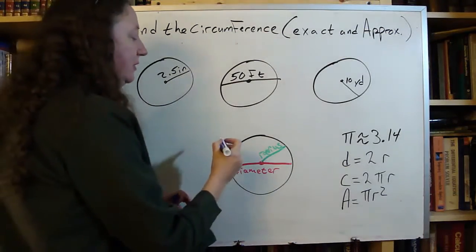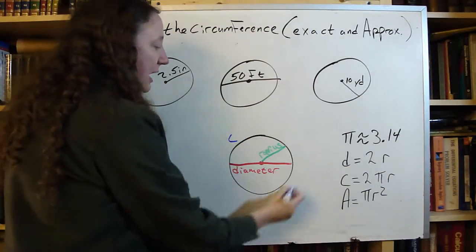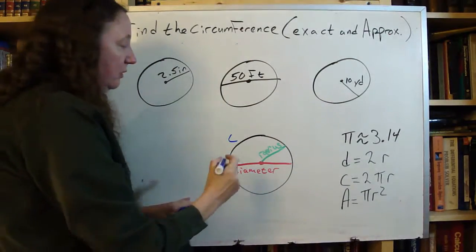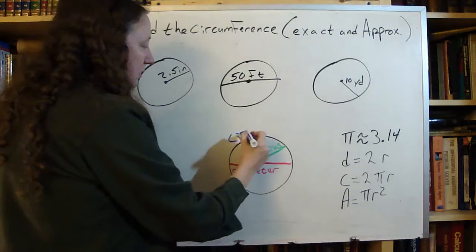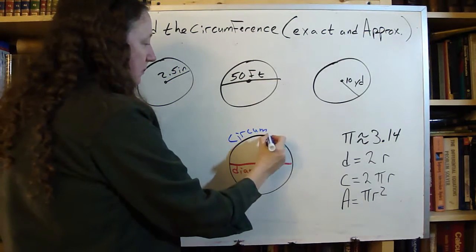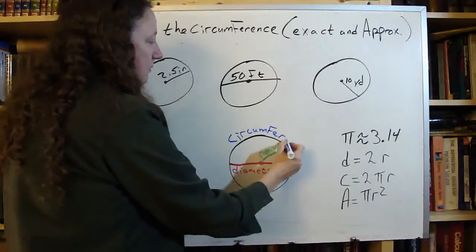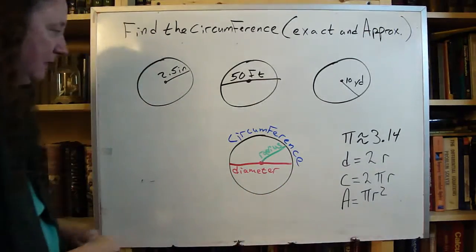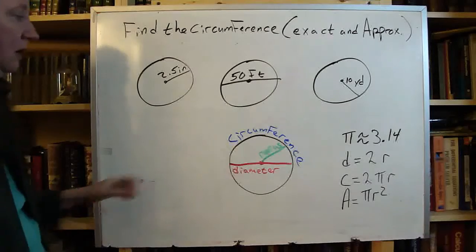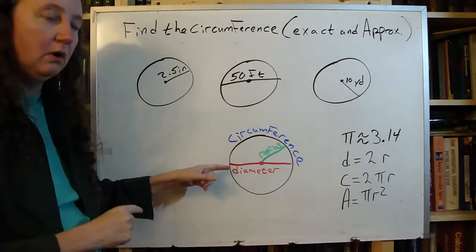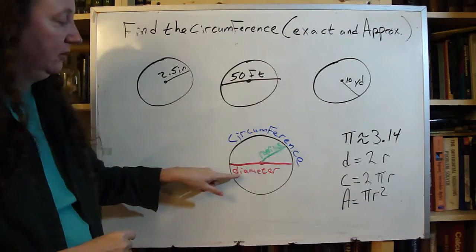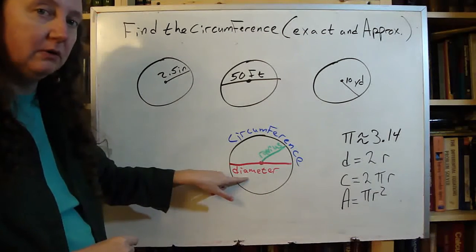And the circumference is the edge of the circle. It is the perimeter of a circle. So you need to know what the circumference means, what the radius means, and what the diameter means.